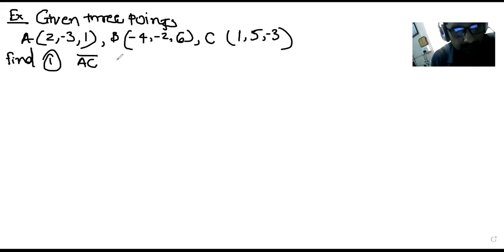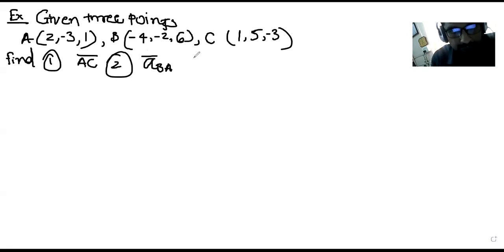Then second, the unit vector from B to A. Now I have told you what the notation for a unit vector is. It's a cap on A. And that has to be from B to A, right? So the unit vector from B to A.